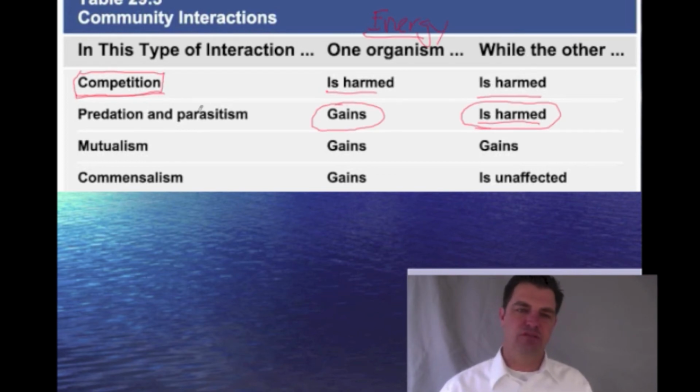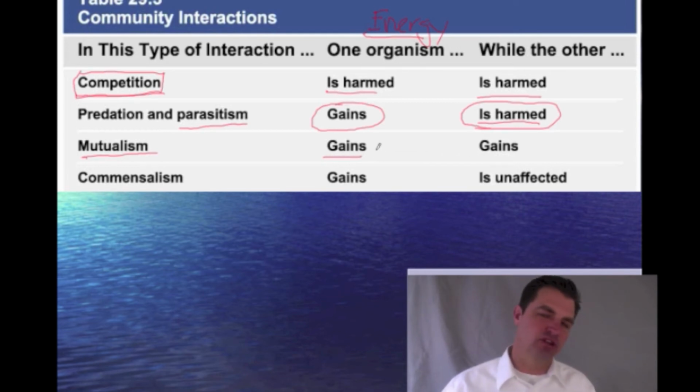So predation, parasitism would be like you have a parasite. A parasite gains at your expense, for example. In mutualism, what happens is two things interact in such a way that they both benefit. So maybe, for example, there's rhinos that have these birds on their back, and the rhino is walking along eating grass and things like that, but it gets insects on it that are biting it.